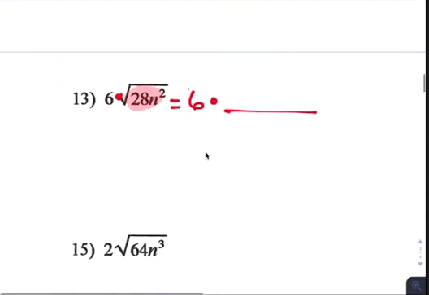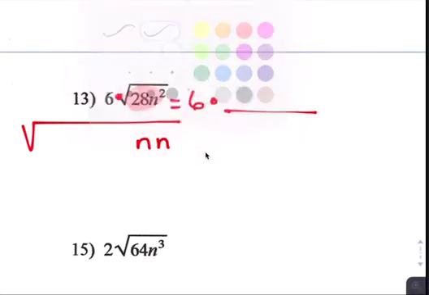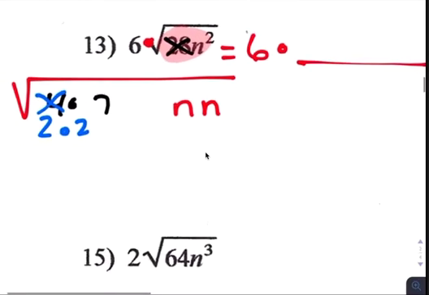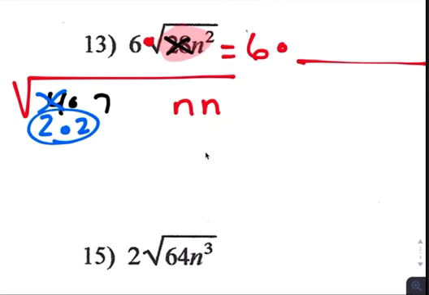You got in there n. So 28 is 4 times 7. 2 times 2. So you got one pair.